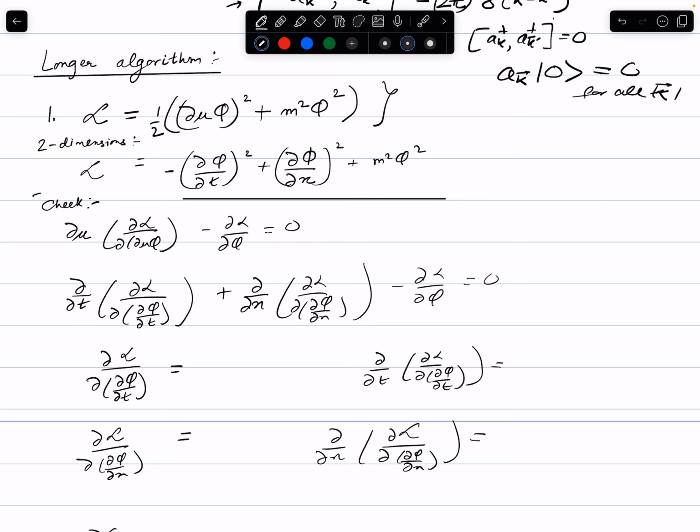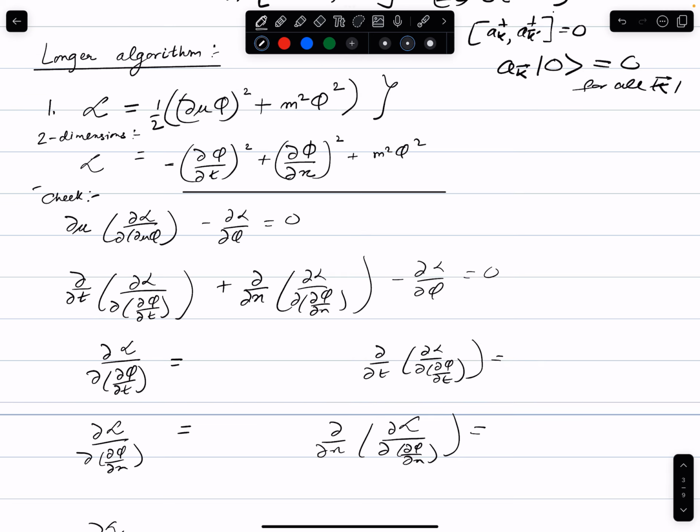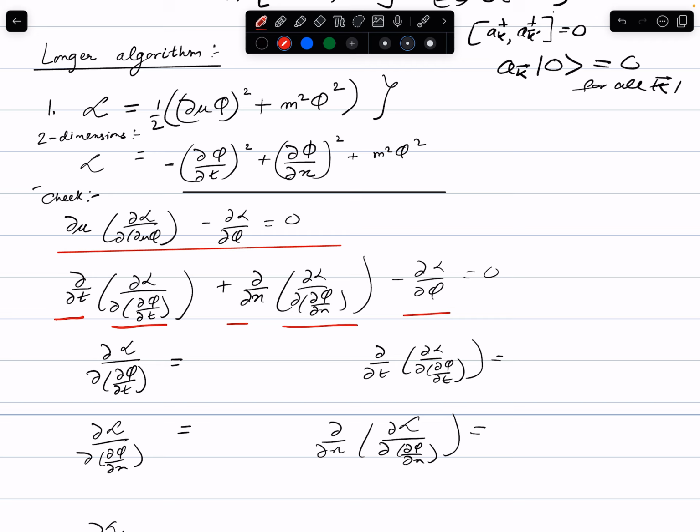So let's check that. Just as an aside, let's quickly check that this Lagrangian produces the Klein-Gordon equation. So what is the Lagrange equation of motion? It is this, that we had written up before. Explicitly, if I turn all the mu's into time and space, t and x, I get, first taking it as t, this term del t of del L over del of del phi del t, and with x, del x of del L over del of del phi del x, minus del L over del phi is equal to 0.